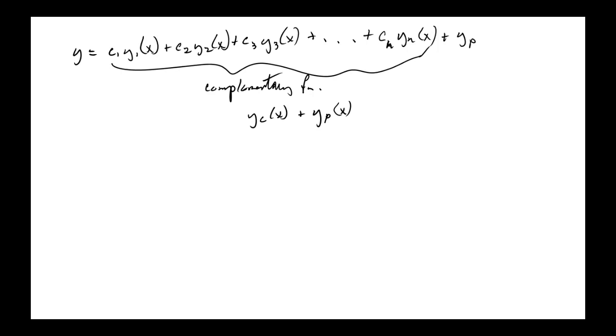You have some a sub n of x, which can't be 0 for any of the x's in the whole interval, times y sub n, the nth derivative of y, and then you step down until you get to the very last one, a sub 0 times y, and that's equal to 0. That was the homogeneous case. But you have some equations that have an actual function over here. It has to be a function of x. It can't be a function of y. If it is, move it back there and put it in with the y's. But it needs to be a function of x.